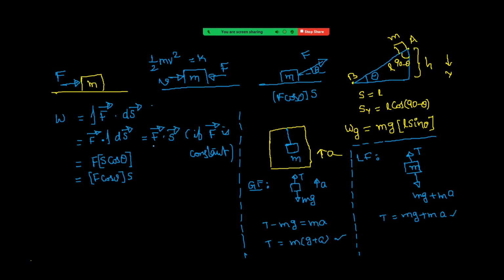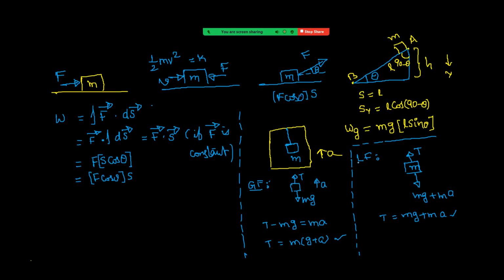So here force is frame independent, but displacement depends on the frame. Suppose we see from the ground frame, this lift is moving upwards, right? Lift moving upwards means the block also moves upwards. That means the block has displacement with respect to the ground frame. Tension is upwards, displacement also upwards. Therefore, work done by tension on the block in the ground frame is positive, right?